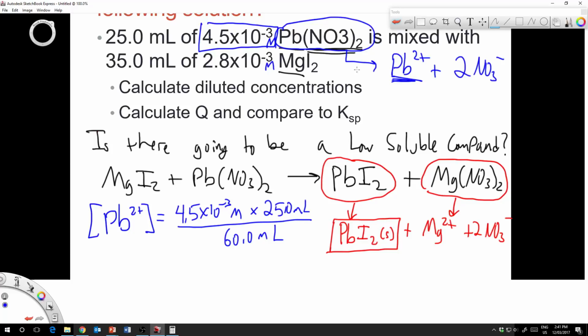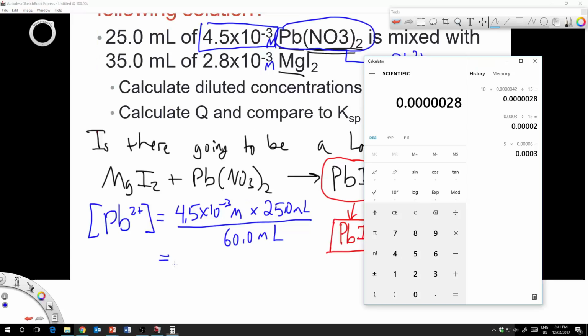That concentration will give me the concentration of lead ions. And then we can do our dilution calculation like we did for the previous example to get the diluted concentration of lead, which is going to be 4.5 e to the negative 3 times 25 divided by 60.